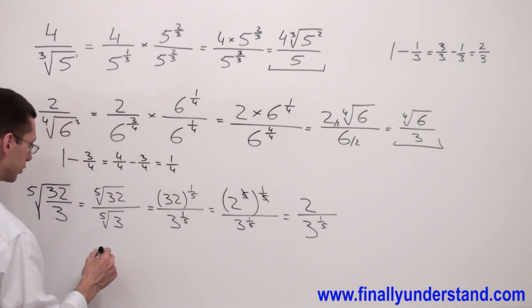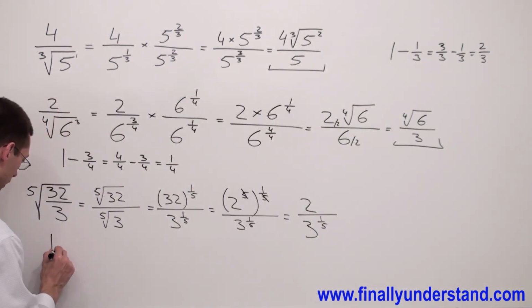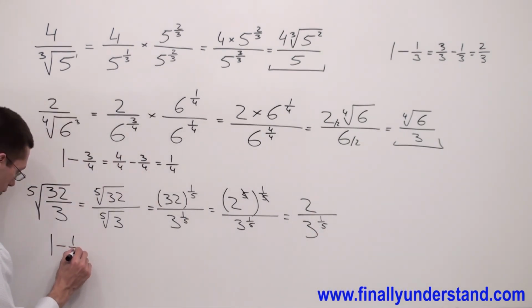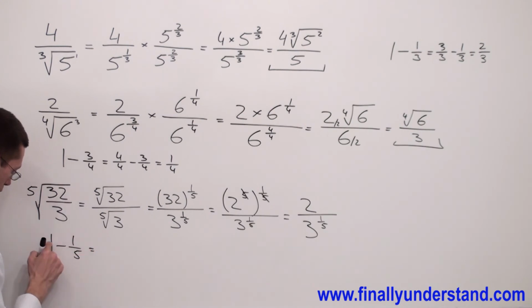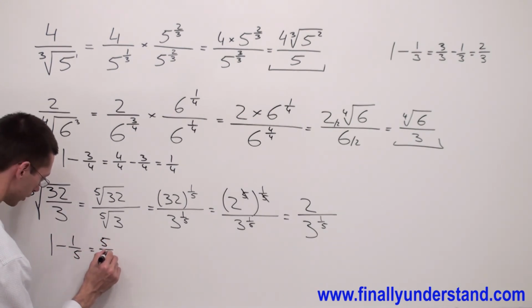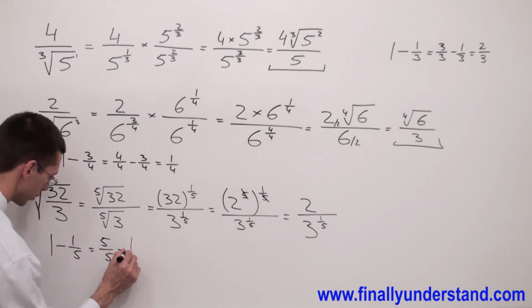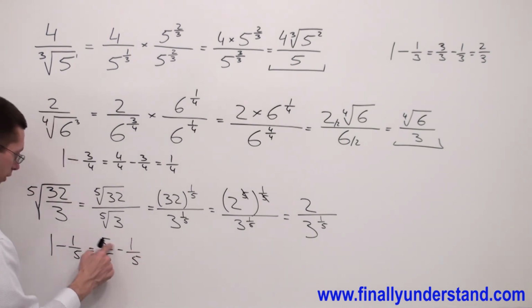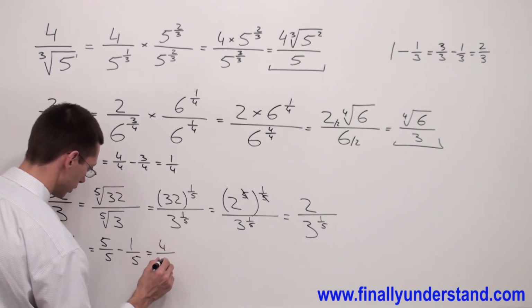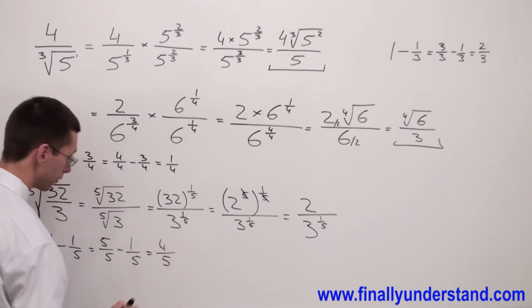Okay? How can I do that? Again, I'm going to subtract my exponent from 1, and my exponent is 1/5. Okay? 1, and I have denominator 5, is going to be 5 over 5 minus 1 over 5. 5 minus 1 is equal to 4 over 5.